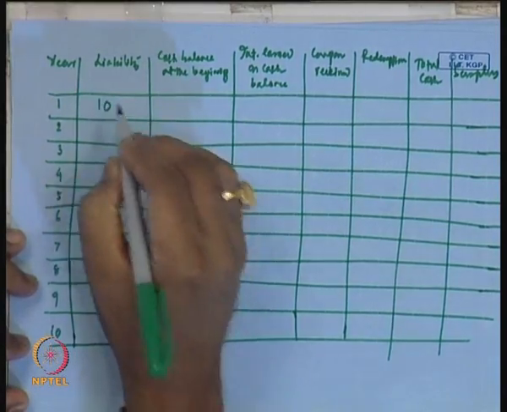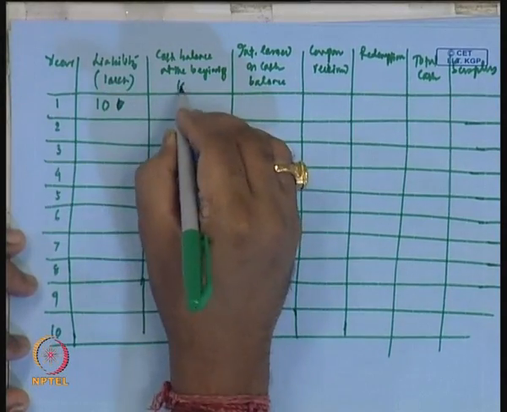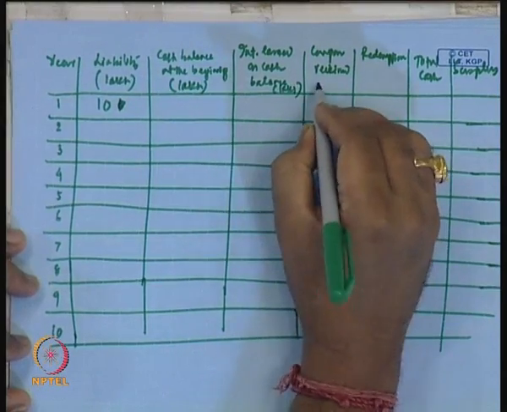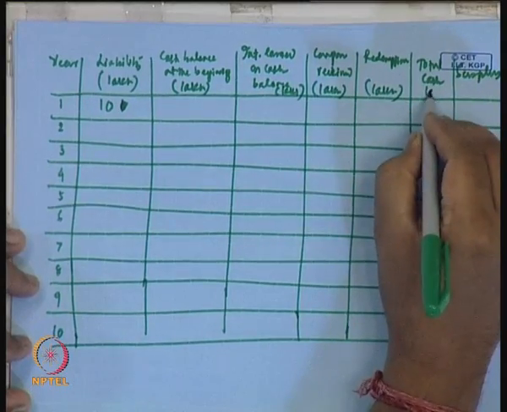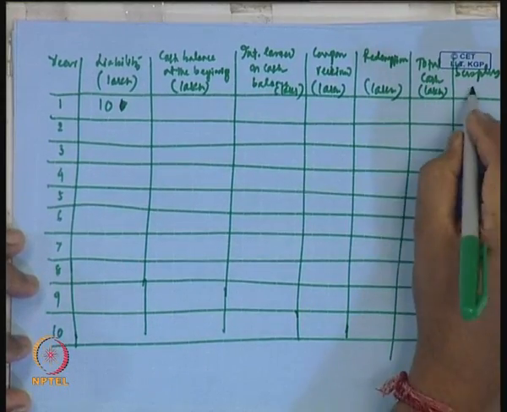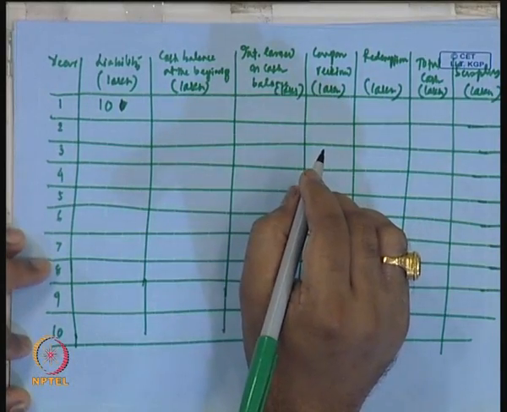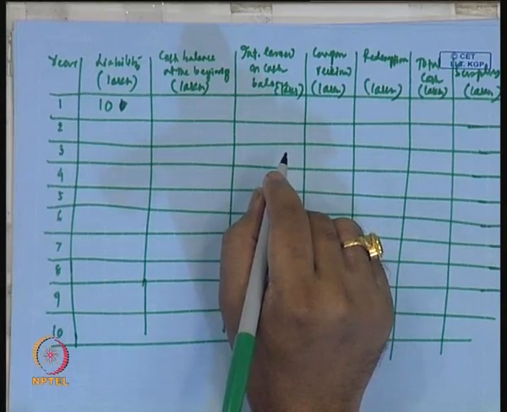Let's say this is 10 lakhs, all in lakhs. So we can assume how this particular thing works.